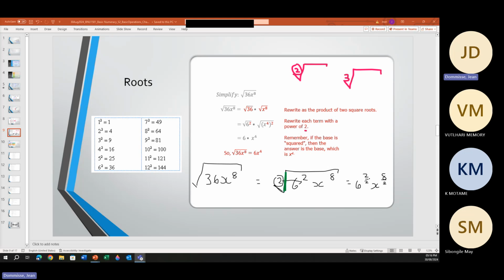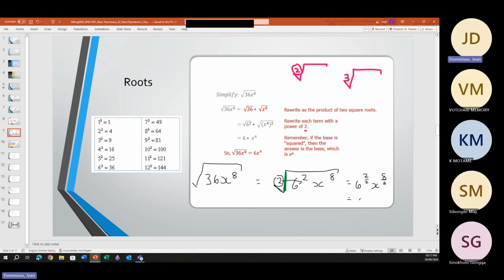I just needed some water. So now one can say, well, 2 divided by 2 is 6 to the power of 1, and 8 divided by 2 is 4, so that becomes x to the power of 4.